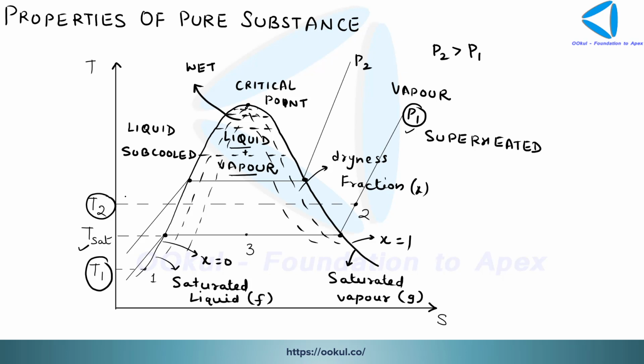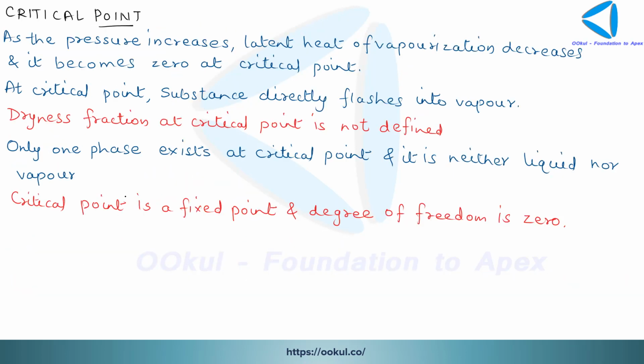But as we keep on increasing the pressure, we will reach a state when the latent heat of vaporization will reduce to such an extent that there will not be any requirement of heat or enthalpy for the conversion of liquid into vapor, but it will directly flash into vapor. So that point is known as the critical point.